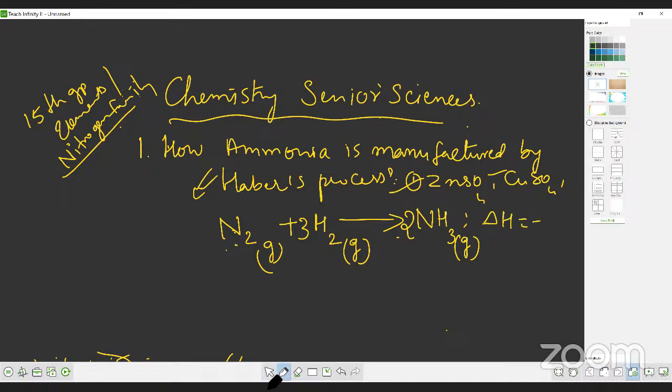What is the symbol for energy given out? Minus is the symbol for energy given out. So this is minus 92.3 kilojoules. This much energy is given out when you are preparing 2 moles of ammonia.